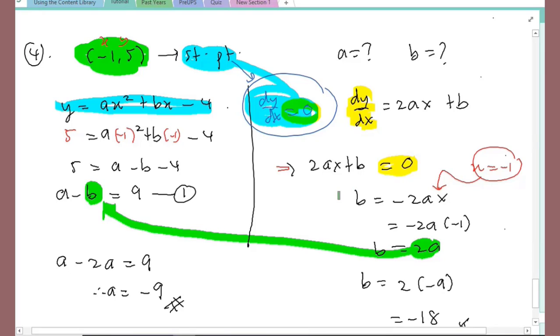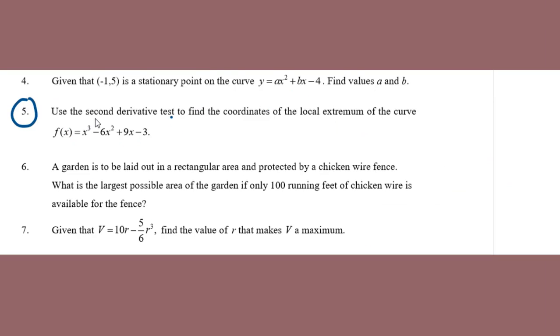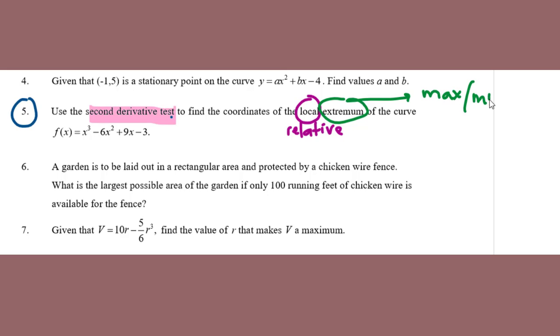Number 5, use the second derivative test to find coordinates that are local extremum of this curve. Local means relative. Okay, extremum, to show that there is maybe a maximum or minimum. So first thing, differentiate the function with respect to x.